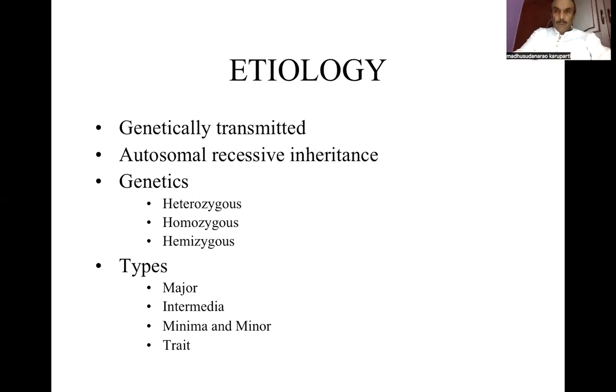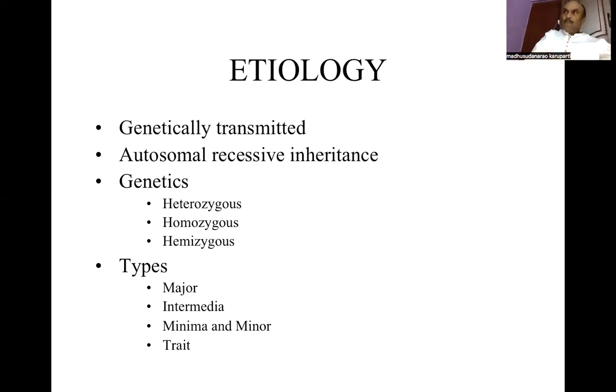Well, as I told you before, it is a genetically transmitted disorder, autosomal recessive inheritance. Okay, heterozygosity occurs in the parents. Homozygous state is what manifests in the children.